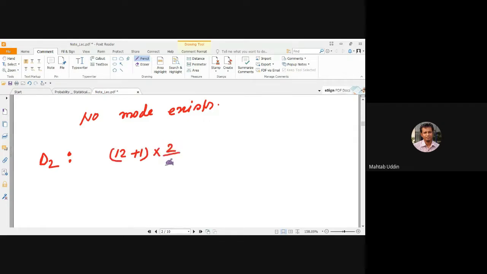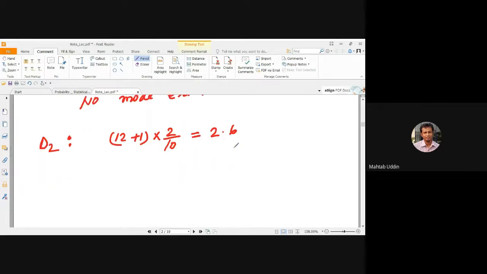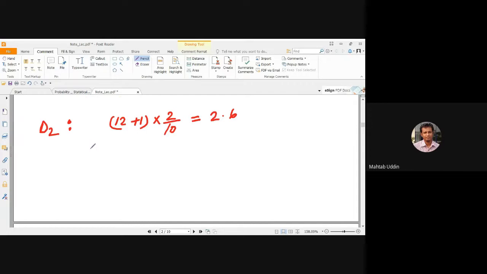So it is 13 by 10, that is 1.3 times 2, 2.6. Now we have to find y_{2.6}. This is y2 plus 0.6 times the difference between y2 and its next value, so y3 minus y2. Do you understand?